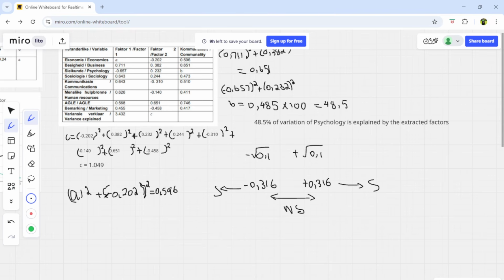Okay, and then after this you have the value of a squared, right?